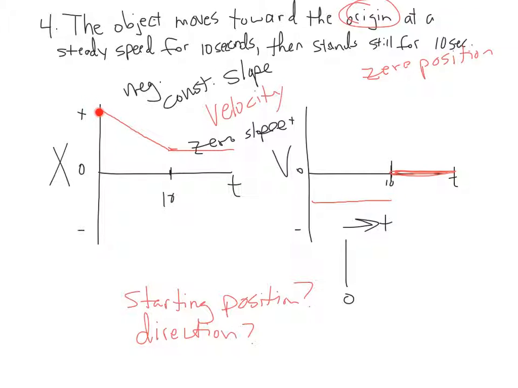That means I started in a positive position, away from 0. So I'll start drawing my object's motion out here with a positive position. What direction is this object moving? Negative constant velocity. It's moving in the negative direction. So what direction will my arrows be pointing? Negative direction.